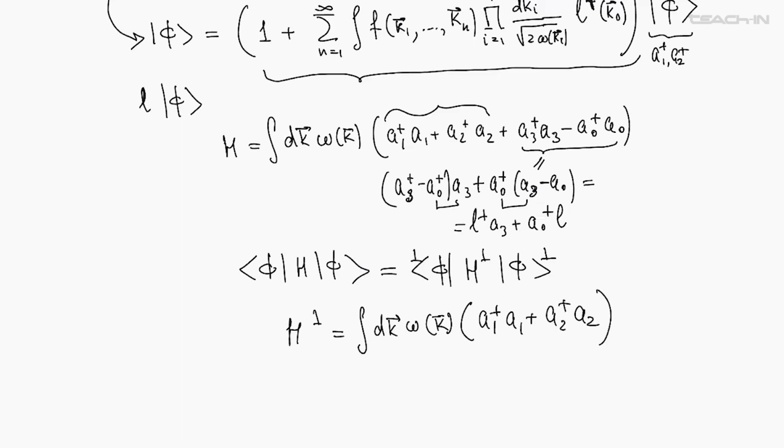In other words, when we are interested in the averages over such states in the Hilbert space, these averages do not receive contribution from time-like and longitudinal photons.